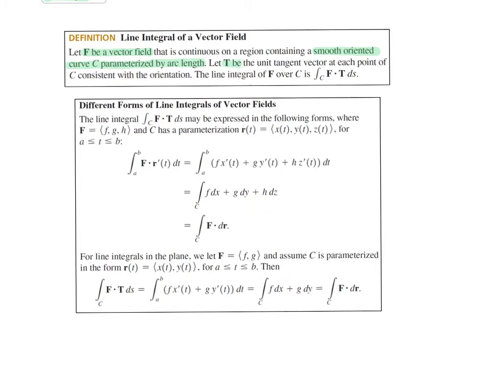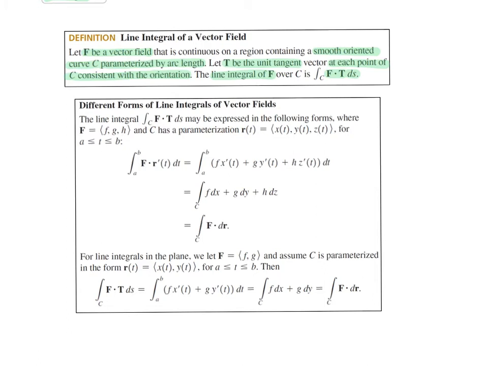Capital T is going to be our unit tangent vector at each point of our curve C, which is why it has to be differentiable, so this tangent vector exists. And this tangent vector is consistent with the orientation, so it goes with the way the curve is generated. Then we compute the line integral over the vector field as the dot product between the vector field and the unit tangent vector, but it's a ds. It's with respect to arc length.